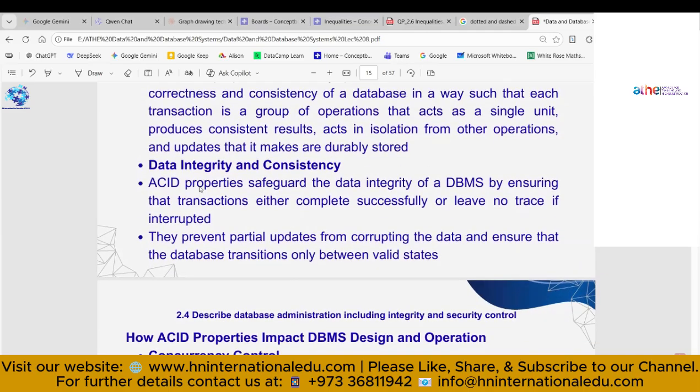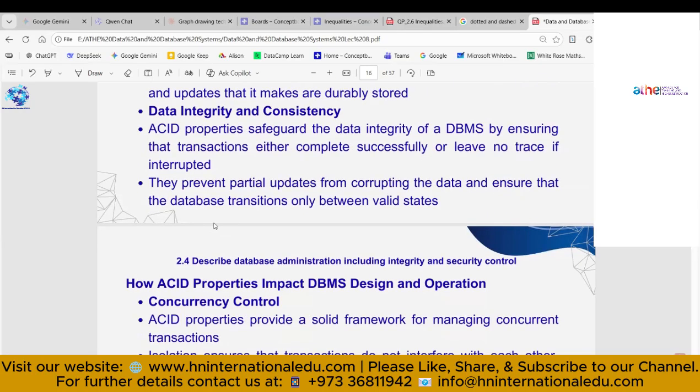So data integrity and consistency: these properties safeguard the data integrity of the DBMS by ensuring that transactions either complete successfully or leave no trace if interrupted. So either the transaction is done completely or it's not done. They prevent partial updates from corrupting the data and ensure that the database transitions only between valid states.